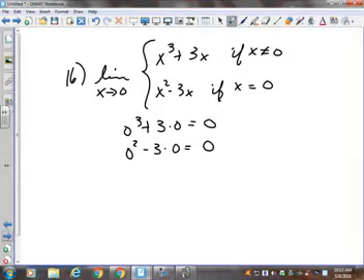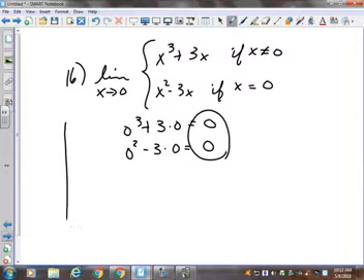But if I plug in 0, I get 0. If these two match, that means not only do they meet there, but it's colored in. Because they match. Because what it means is they graph the first one. I don't know what the graph looks like. Let me just graph it on the calculator.